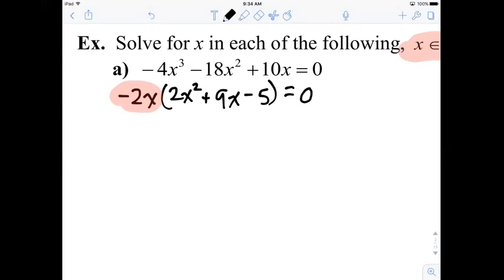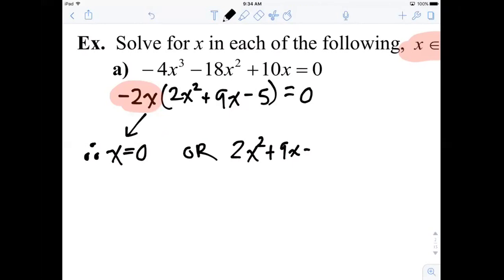Well, let's break this up and say, if this was equal to 0, then the whole thing would be 0. So that means if x itself is equal to 0, then this whole thing becomes 0. But what else could be true? It's either that's the case, or this piece that we have in brackets, 2x squared plus 9x minus 5, could be equal to 0 as well.